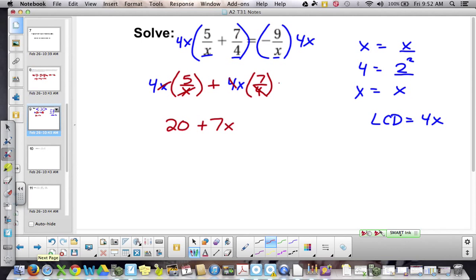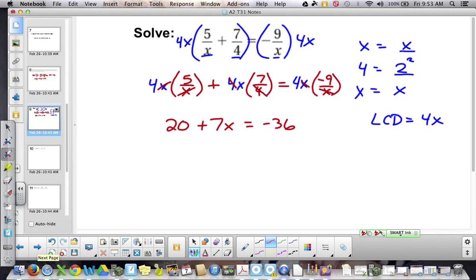And then equals, when we take the 4x times negative 9 over x, the x's cancel out, and you're just left with negative 36. As you can see, when we multiply through by that least common denominator, we end up with just a linear equation.